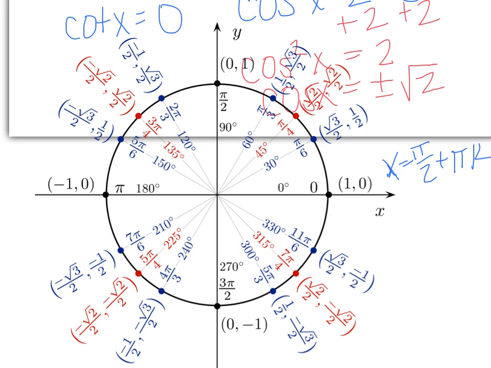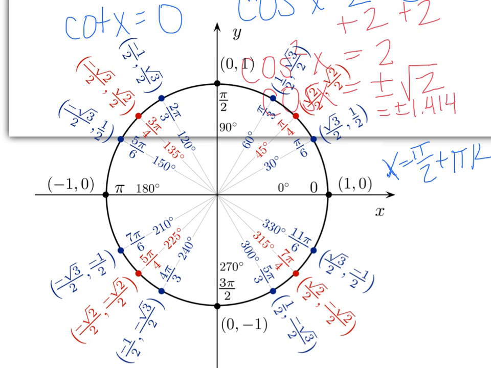Where does cosine equal radical 2? Well, let's see. We're not going to find it on the unit circle. Let's think about what radical 2 is. In the calculator, if you punch in square root 2, you're going to get plus or minus 1.414.